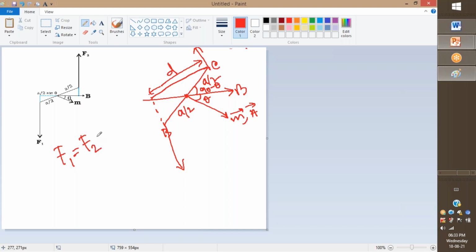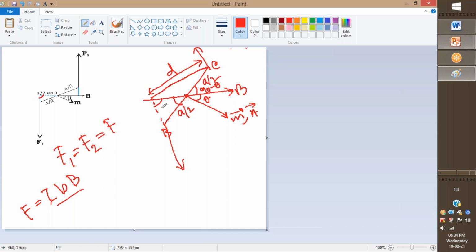So I have to find out this particular length. F1 and F2 magnitudes are equal. I'll write the same force F as IBb, but the perpendicular distance is now different.